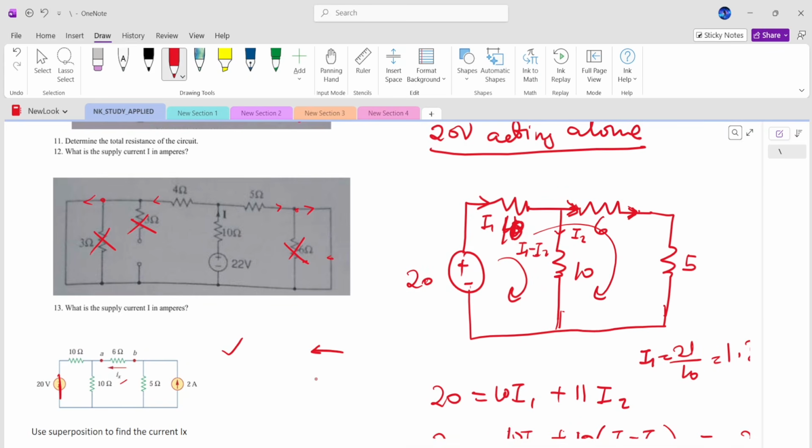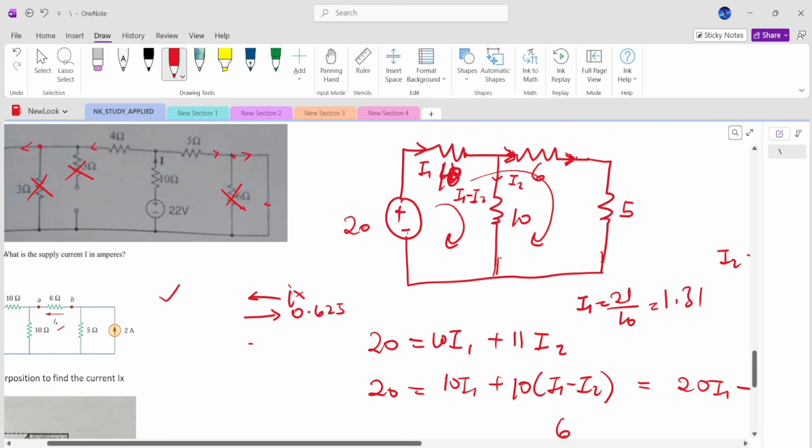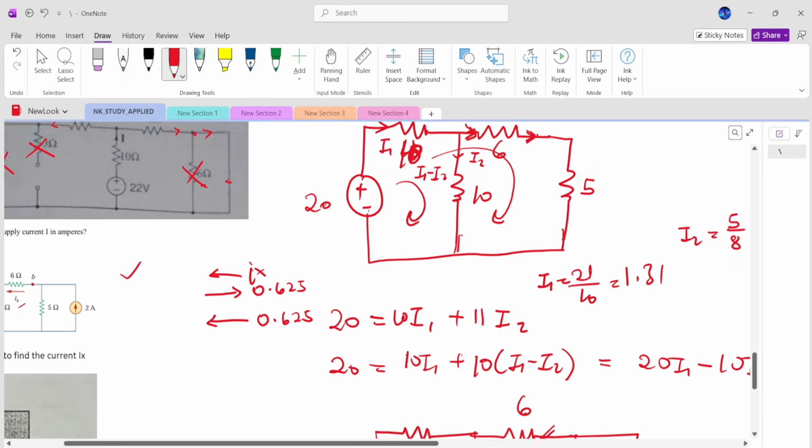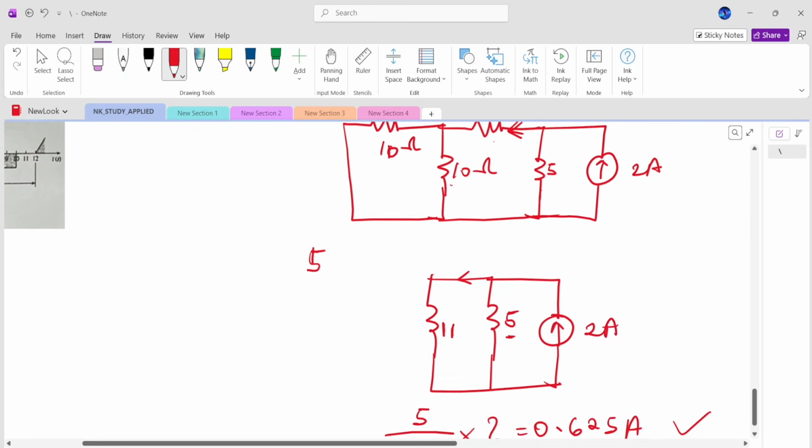When we found the contribution of the 20 volt source, we saw it was this value, 0.625, going in the opposite direction to Ix. Ix is this way. Then for the current source, we saw that it was going this way, 0.625 amperes, right?